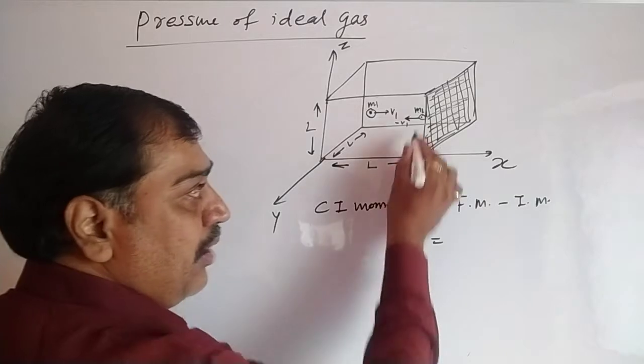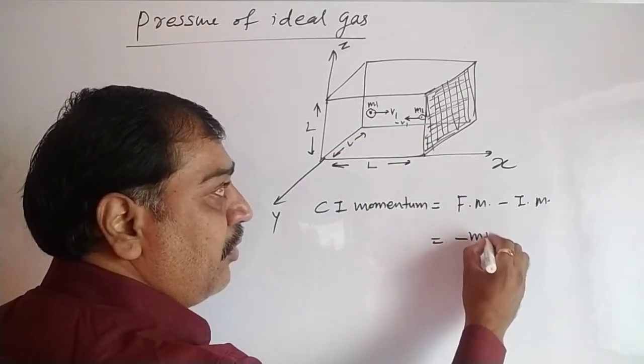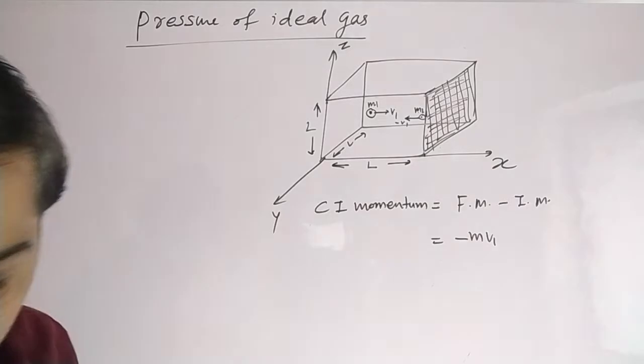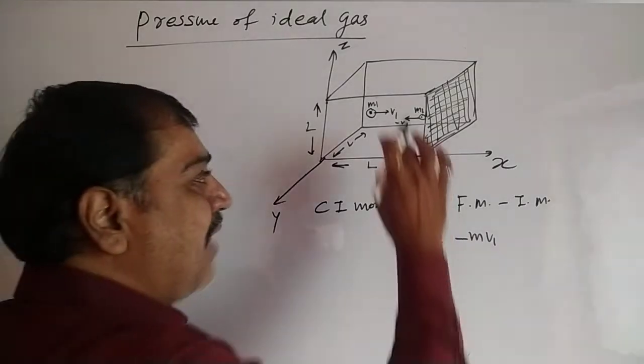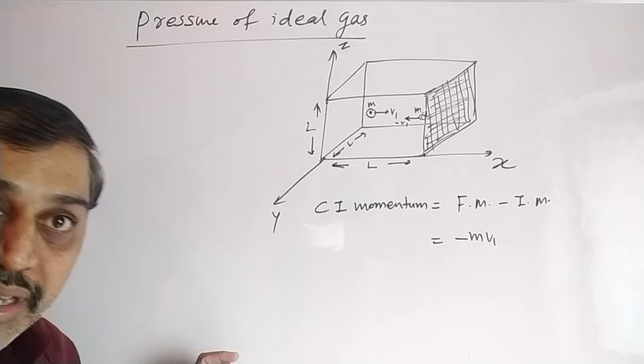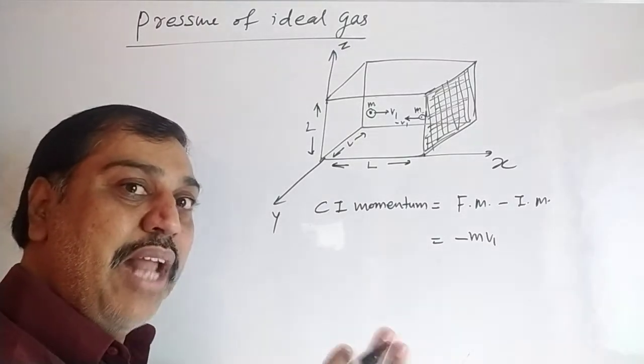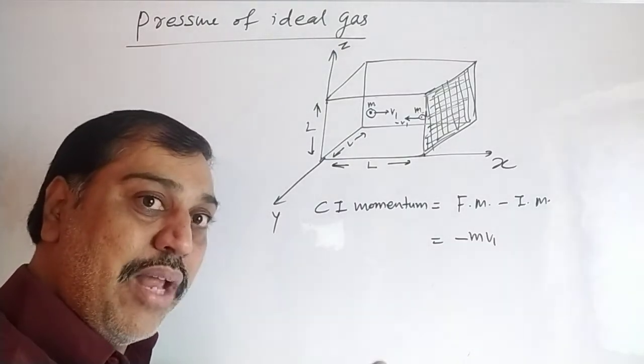The final momentum is reversed, with minus velocity, minus m into v1. Suppose the velocity is v1 and the mass I have taken m1, but the mass of all particles is the same because the gas is the same, an ideal gas. All gas molecules have the same mass.